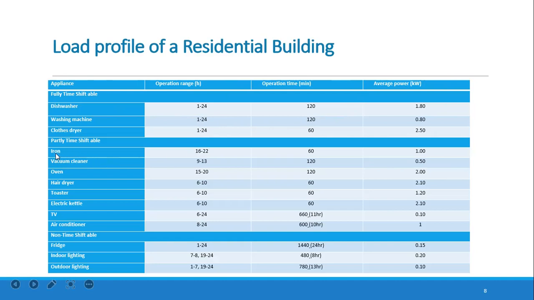Similarly, among the partially time-shiftable loads, if we have the iron, we can only shift it between 4 p.m. and 10 p.m., and it has to operate for 60 minutes, which is 1 hour. Similarly, a vacuum cleaner can be operated between 9 a.m. and 1 p.m., and this can be operated for just 2 hours, which is 120 minutes.